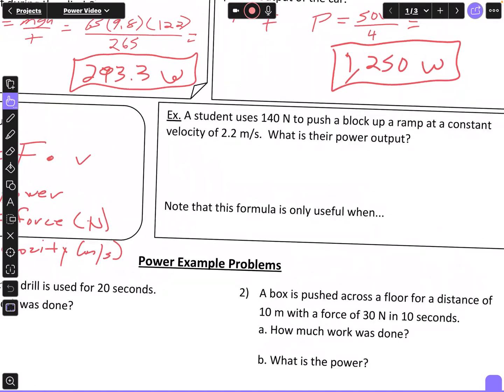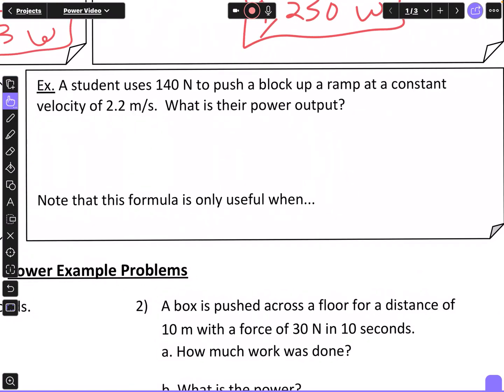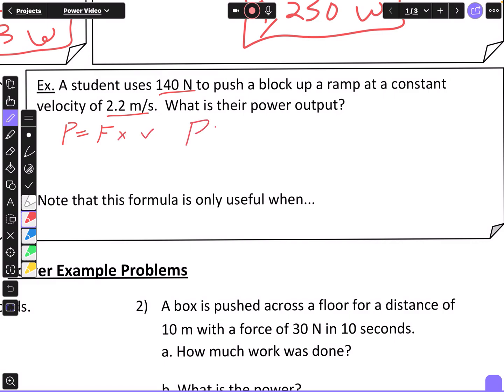That's the catch. So my question here says a student uses 140 newtons to push a block up a ramp at a constant velocity of 2.2 meters per second. I notice I'm given a force in there and I'm given a velocity. So I use my equation P equals F times V. So power would equal 140 times 2.2.